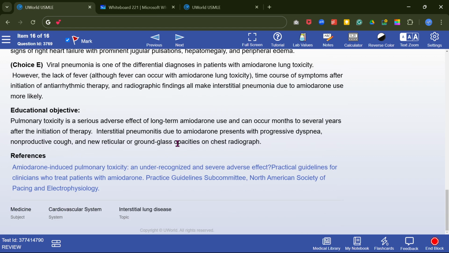Pulmonary toxicity is a finding. Long-term amiodarone use can cause interstitial pneumonitis several months to years after initiation, presenting with progressive dyspnea.